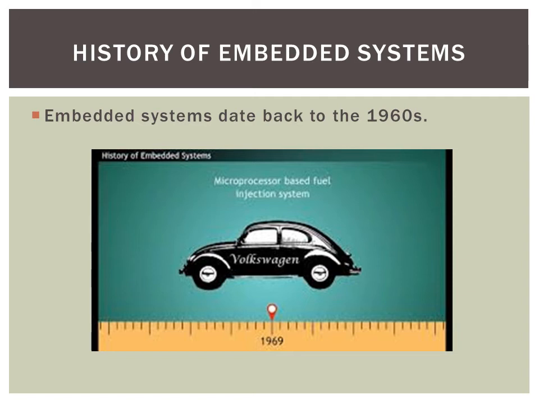In 1965, Autonetics, now a part of Boeing, developed the D-17B, the computer used in the Minuteman I missile's guidance system. It is widely recognized as the first mass-produced embedded system.